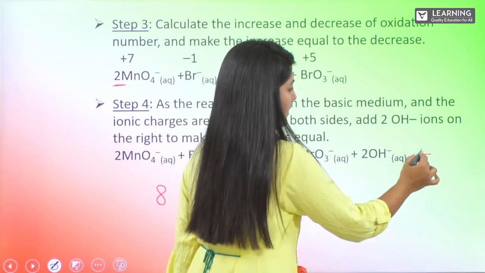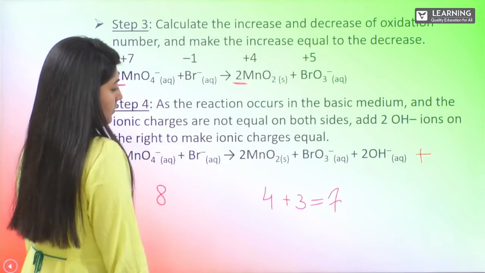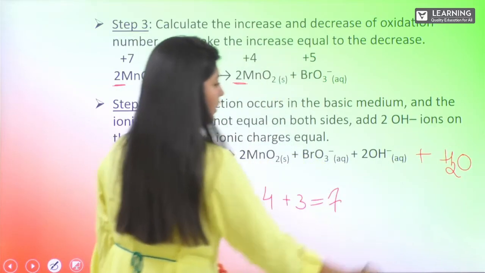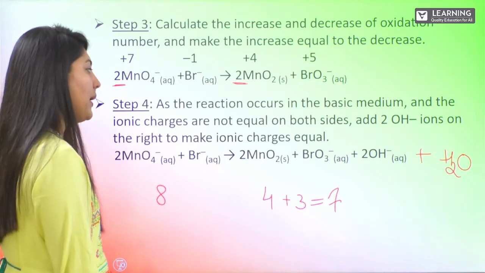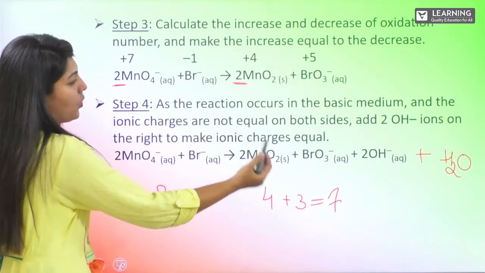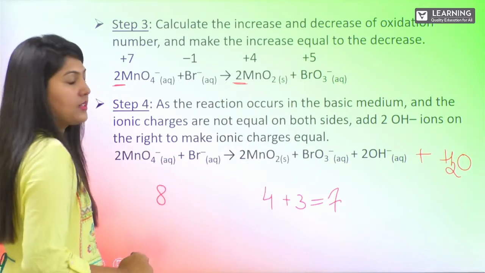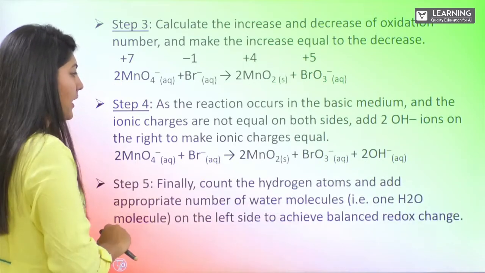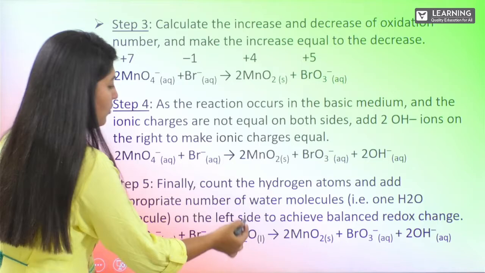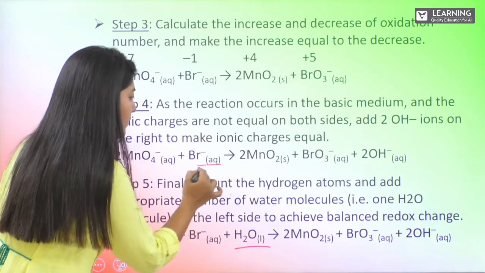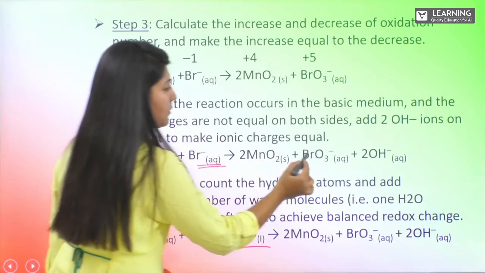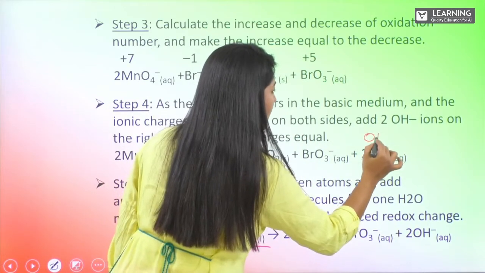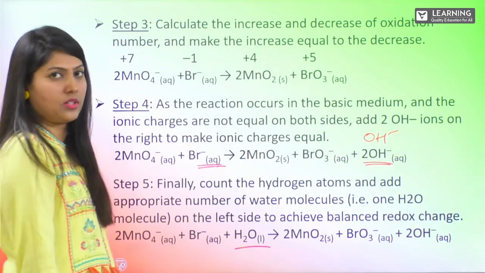So if I add one water molecule here, then we get OH minus added on the other side. So we need to check that clearly. The water molecule will be added here, and what the oxygen atoms are deficient of will be given here. So we need to add 1 oxygen atom, so we'll add OH minus ion here.